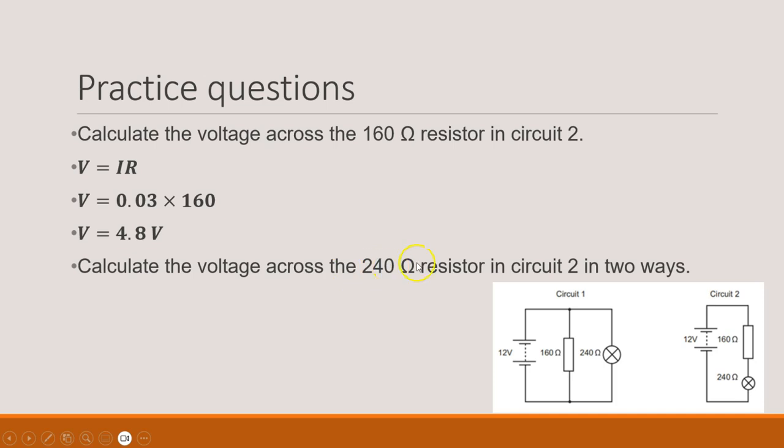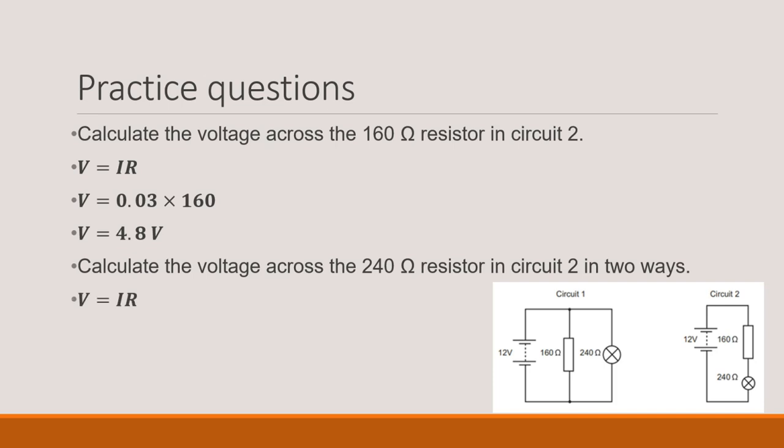Calculate the voltage across the 240 ohm resistor in circuit 2. Now, although this is a past paper question, past papers will never ask you to calculate something in 2 ways. That was just my doing. You would only need to calculate it in 1 way, but I'm going to do it both ways.